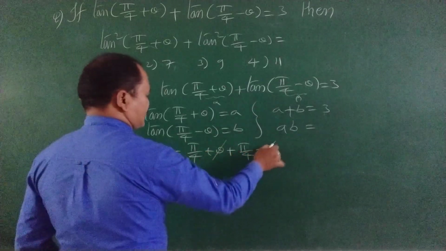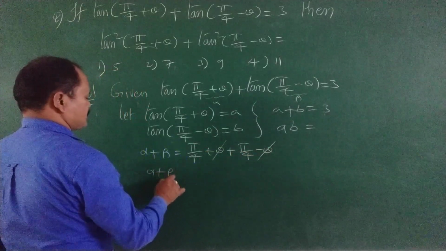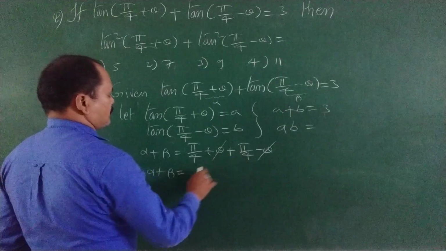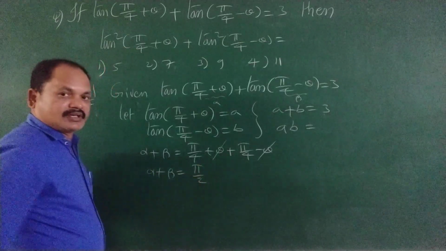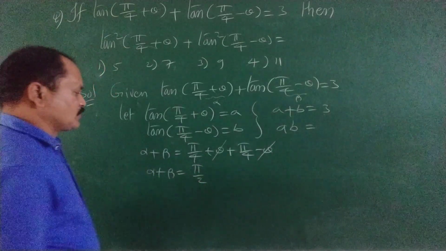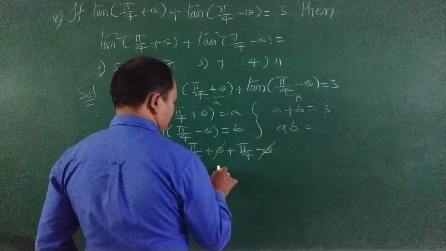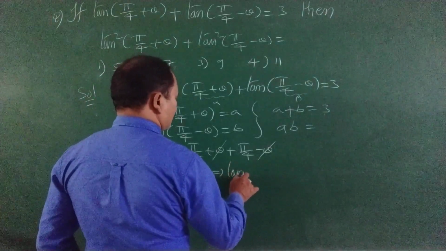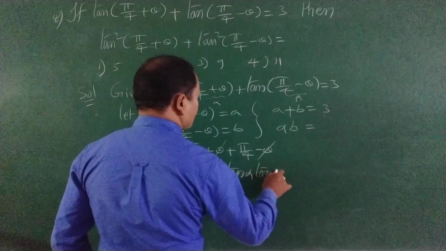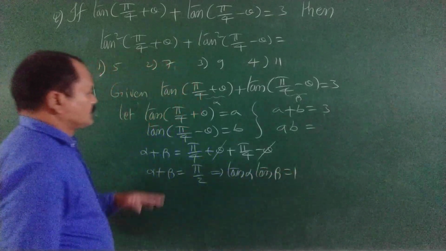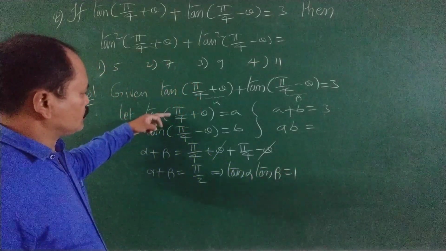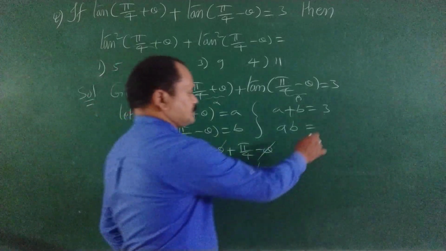Now these two get cancelled. So alpha plus beta is equal to pi/4 plus pi/4, which is pi/2. If alpha plus beta is pi/2, then tan alpha into tan beta is 1. That means the product of these two, ab, is 1.